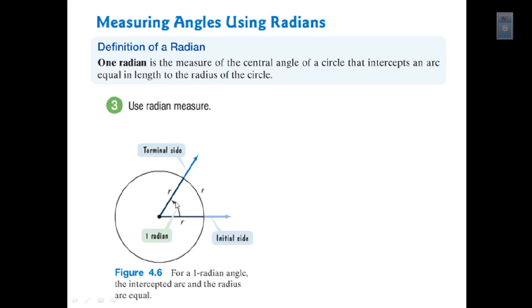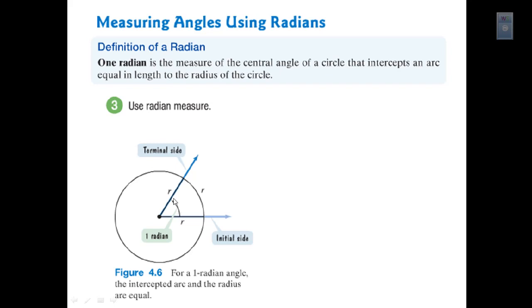The reason we know this is 1 radian is because in this circle, we have an angle that is intercepting an arc that is the same length as the radius. If we were to cut this curved piece right here out and stretch it out, it would have the same length as this right here. So that is 1 radian.